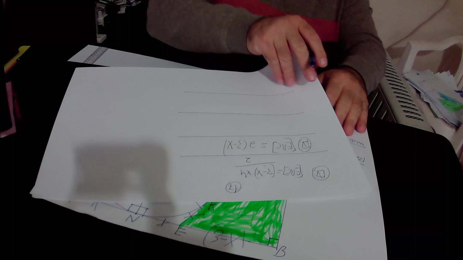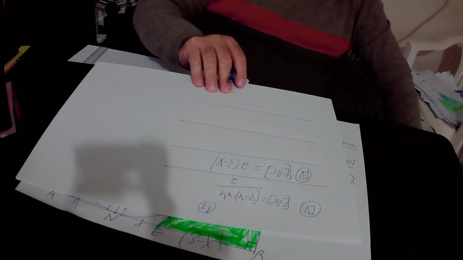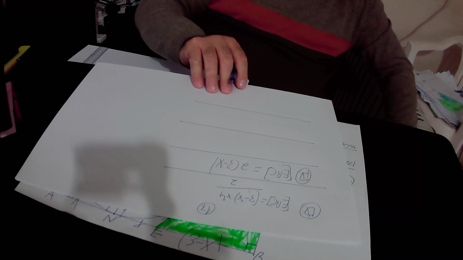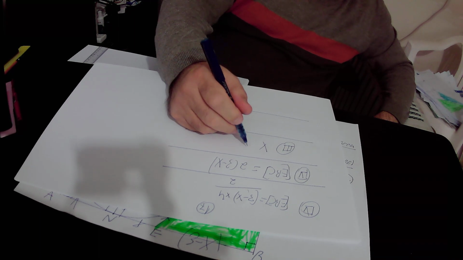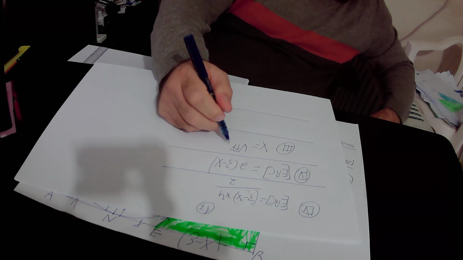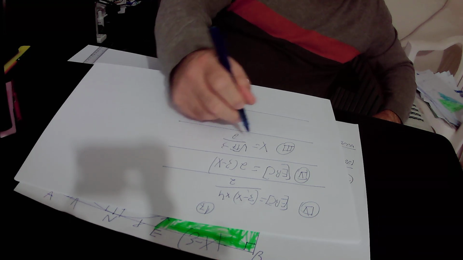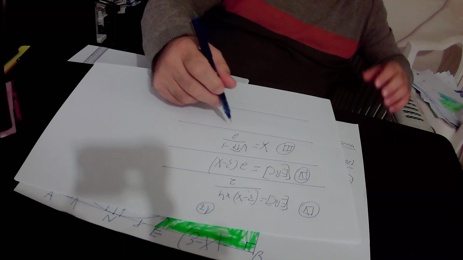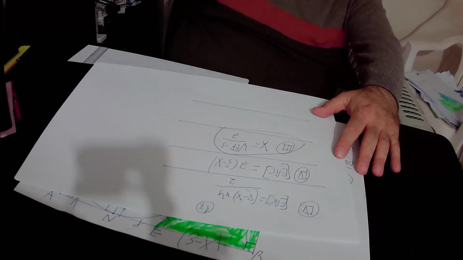And we have already found out, according to equation number 3, the value of x: it equals the square root of 17 minus 3, over 2.